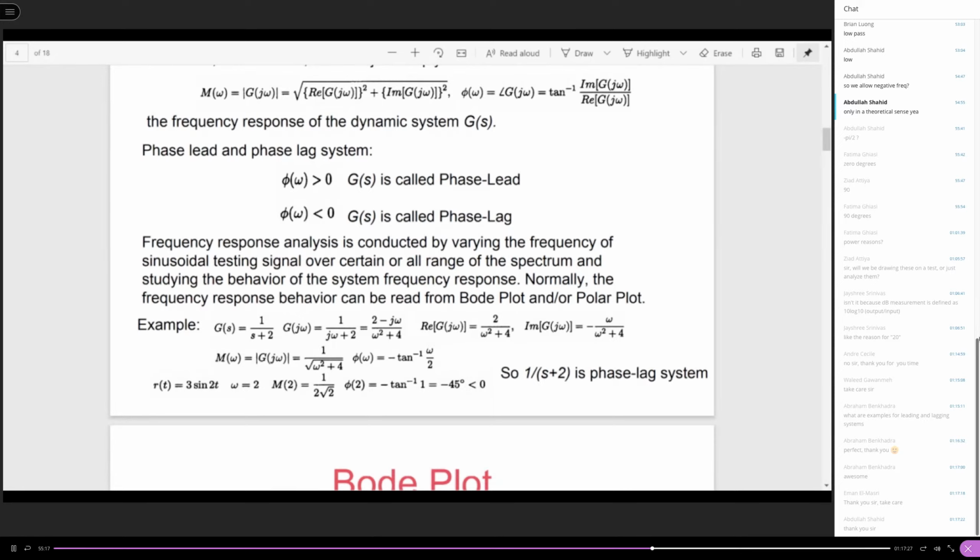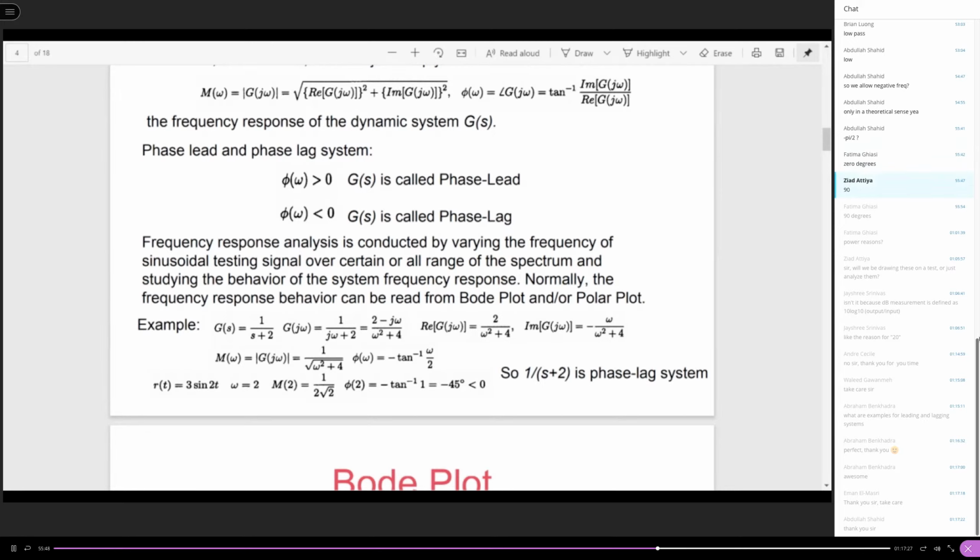And apparently when omega goes to infinity, what is this phase? Can you answer that? What is this phase value when omega approaches infinity? Come on, quickly. 0?